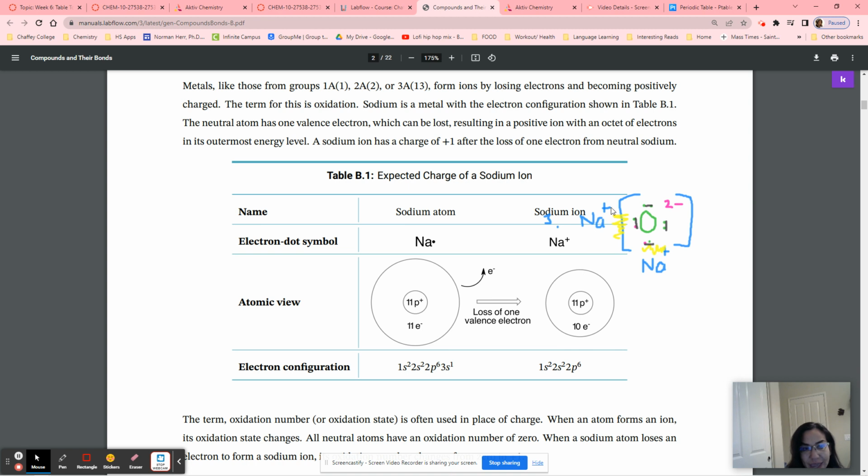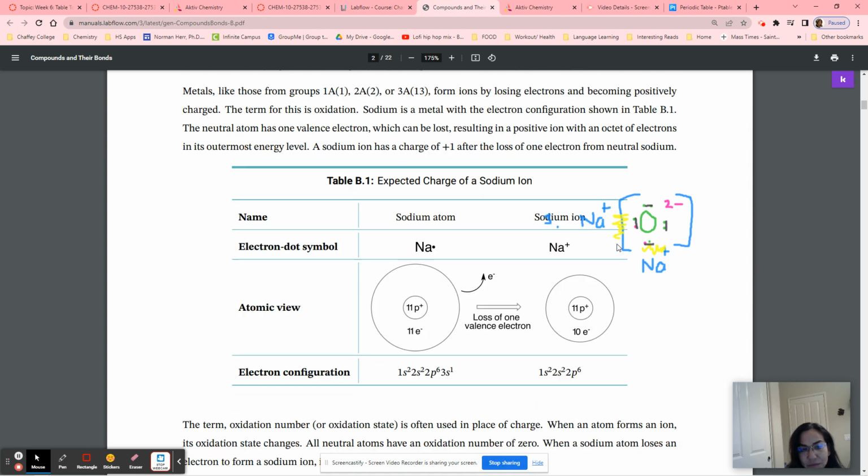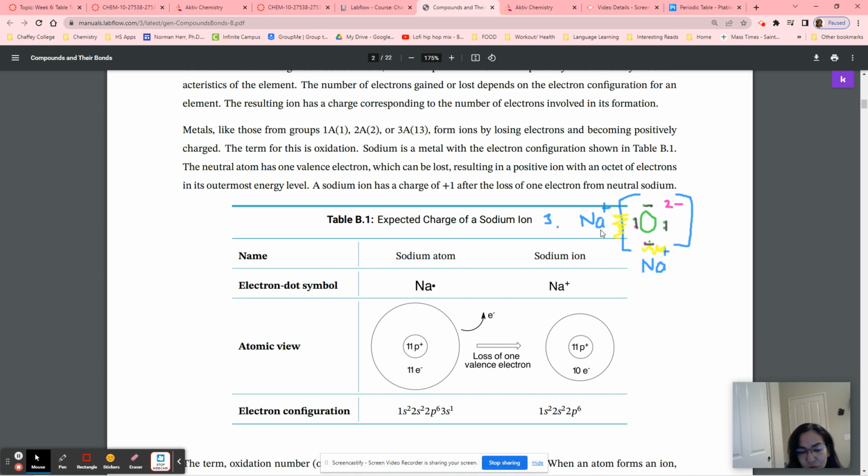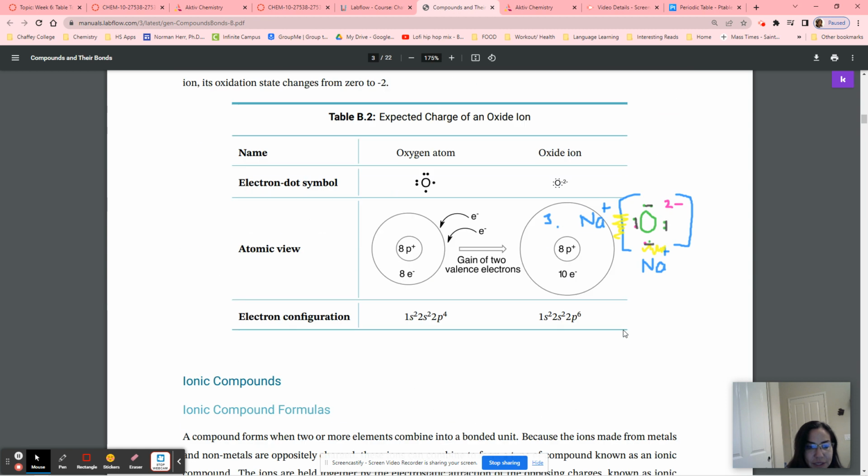So it's just going to hang out now with oxygen because it's attracted to oxygen. It's satisfied with its 8 valence electrons in its lower energy level, and it now has an attraction to oxygen, and that's what creates this lovely bond that we see.